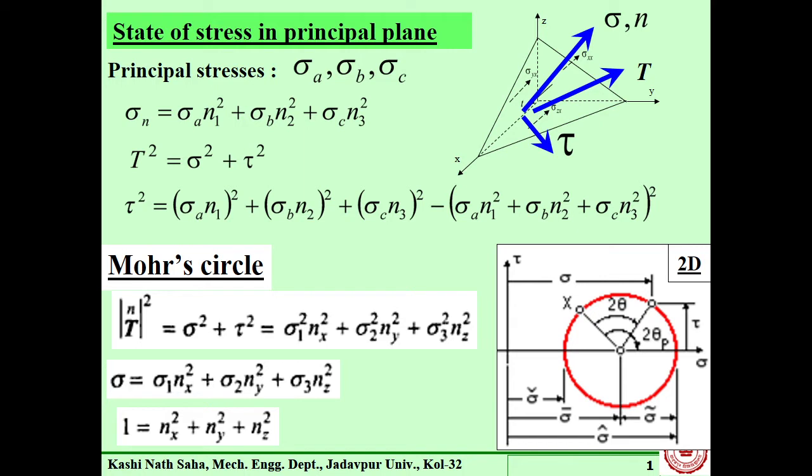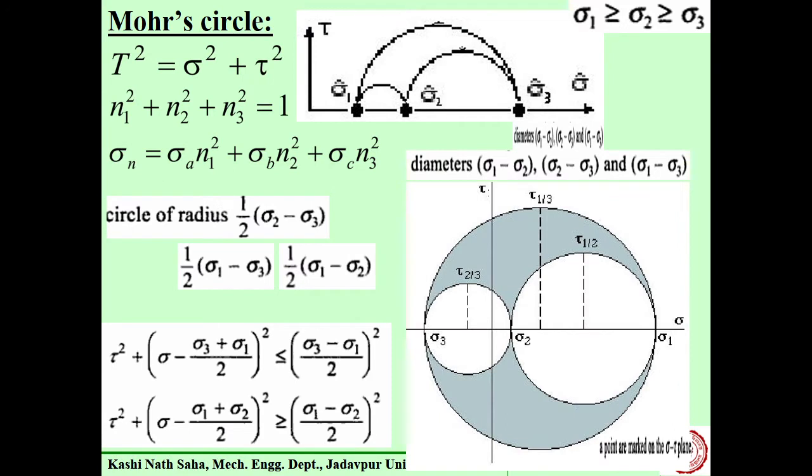Now let us first see how to find the equation of these circles. Here you observe these circles are drawn in the sigma-tau plane, right? So the equations of the circles are in terms of sigma and tau, which are basically independent quantities here.